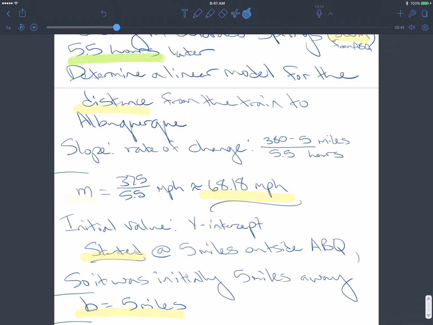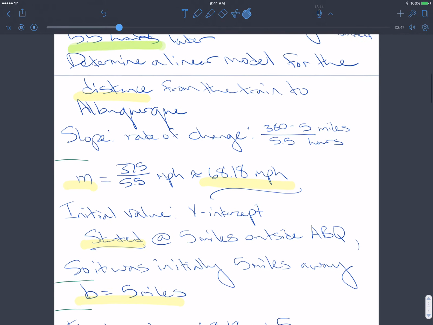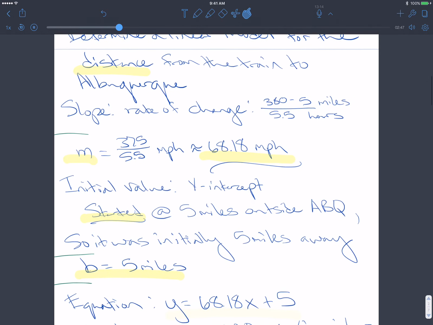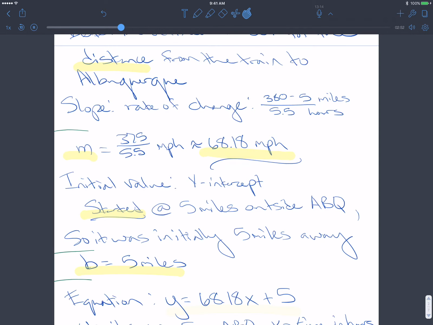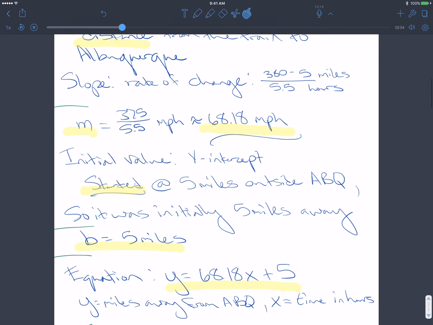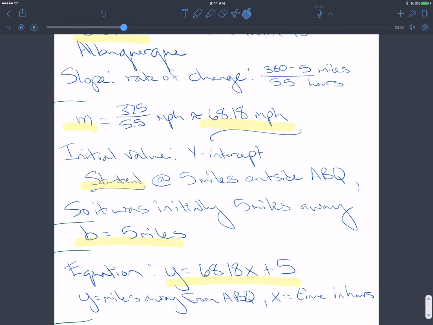So b will be 5 miles, m will be 68.18 miles per hour, and then I can put that into the form y equals mx plus b to get the equation that y is equal to 68.18x plus 5, and then our output in this case will be miles, and our input will be number of hours.